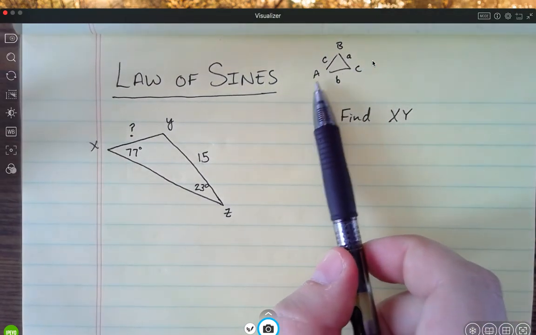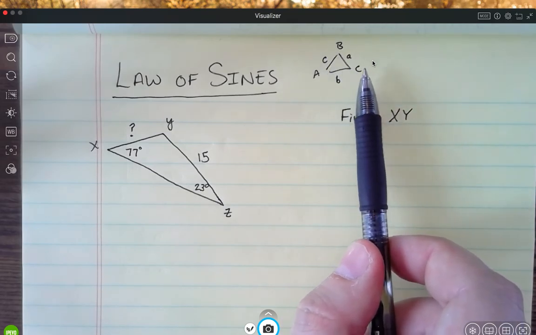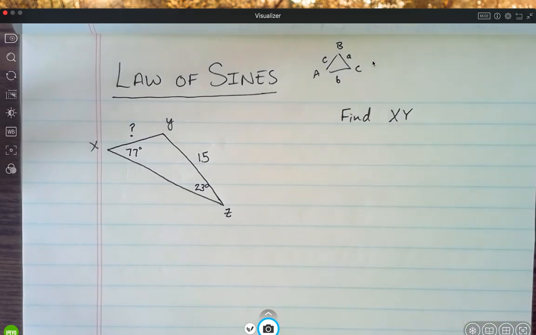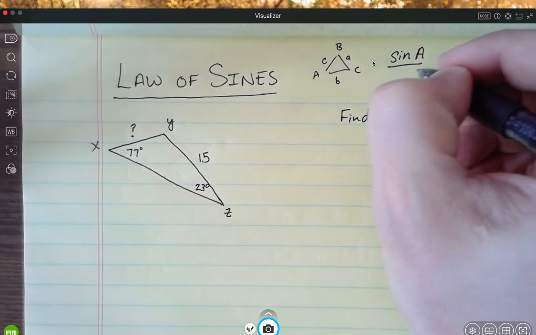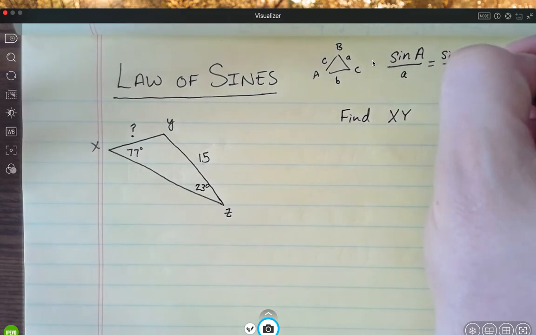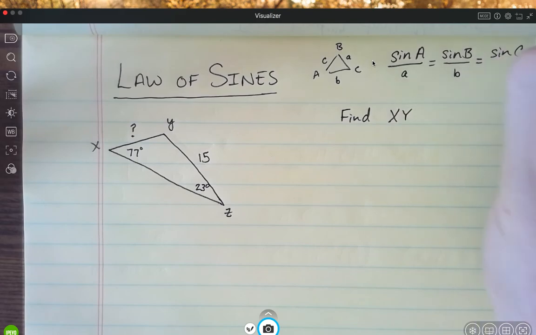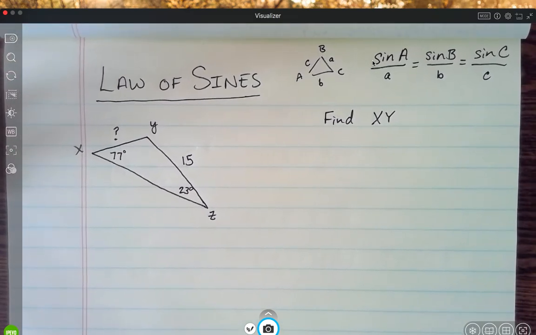If you notice, angle A is opposite side length A, angle B is opposite side length B, angle C is opposite side length C. So what it tells me is that the sine of angle A over A is going to be equal to the sine of angle B over side length B, which is also equal to the sine of angle C over side length C. So basically the ratios are all equal to each other in any triangle. And so we can use that to solve for missing side lengths and missing angle measurements in any triangle.